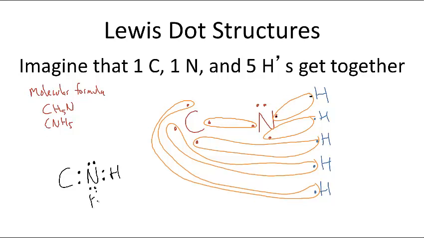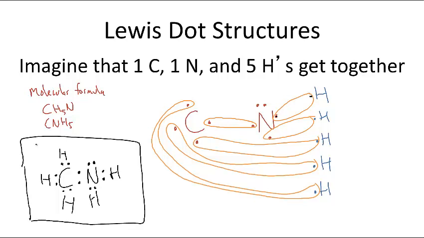Another 2 here. And then with carbon, I have 3 bonds between the carbon and 3 hydrogen atoms. So when I put it together like this, this is the Lewis structure. Lewis dot structure. This is something we're going to practice a lot. Okay, so feel free to pause if you need to copy this down, rewind if you need to see it again. We're going to be going through it a little bit more.